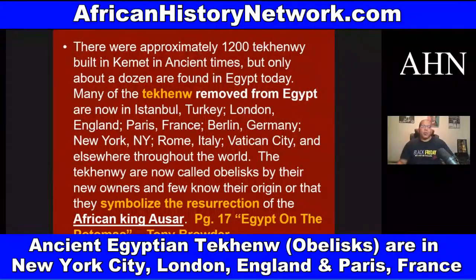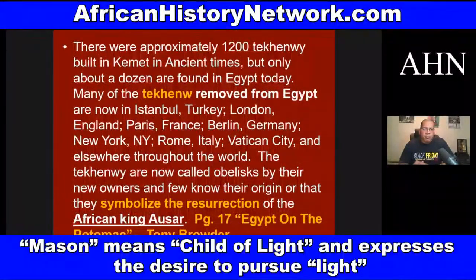There were approximately 1,200 Tekhenu built in ancient Kemet, but only about a dozen are found in Egypt today. Some sources say less than 12, some say about 7 or so, somewhere between 7 and 12.